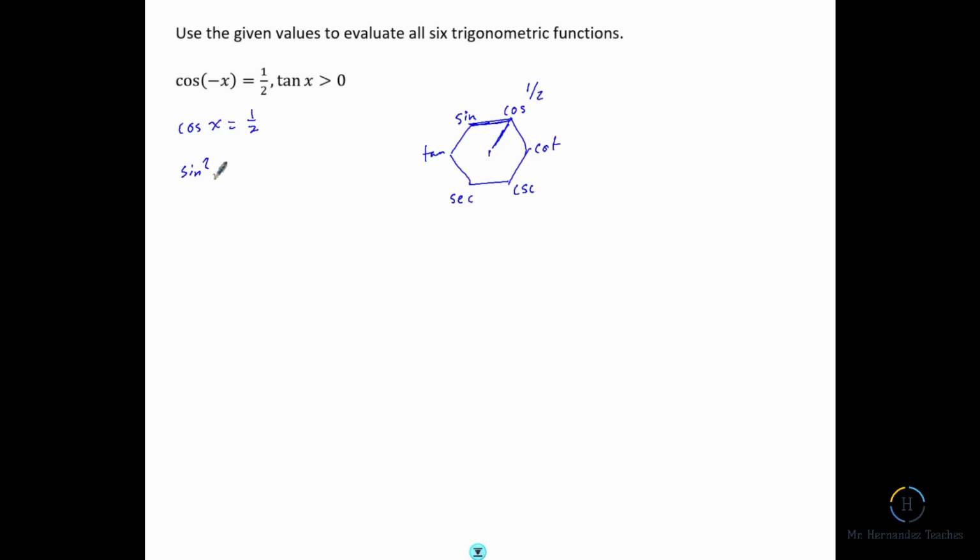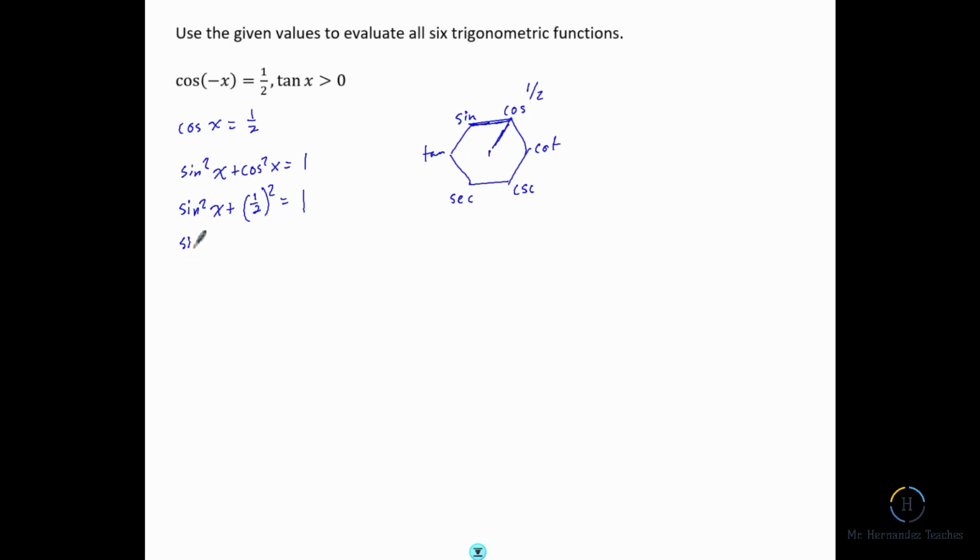I know that sine squared of x plus cosine squared of x is equal to 1. So let's make the substitution that I have. Sine squared of x plus 1 over 2 squared is equal to 1. And we could just go along and solve. All we have to do is solve for sine of x.